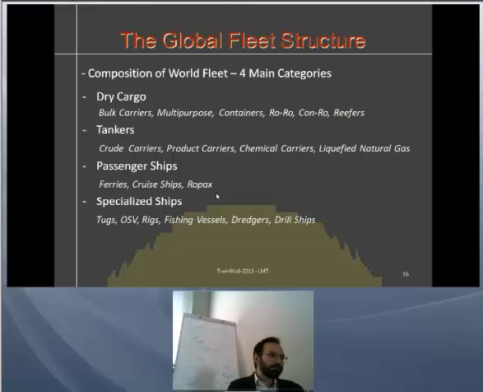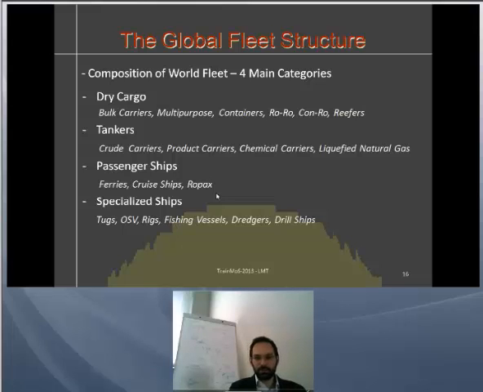The dry cargo category is composed of bulk carriers, multi-purpose vessels, containers, ro-ro vessels, conro, and also reefer vessels, which are not really used that much anymore. Then we have tankers. Tankers are composed of crude carriers, product carriers, which carry different kinds of cargo, and chemical carriers, which also carry a great variety of cargo, from vegetable oils to chemical cargoes.